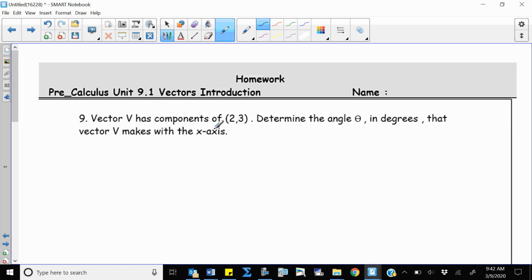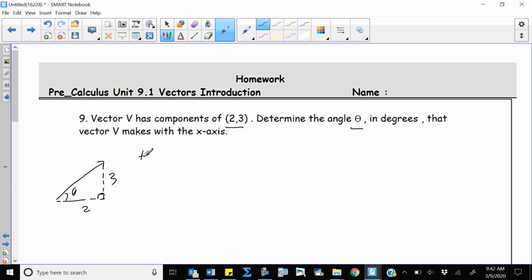And here we already have the components in i and j form, x and y component. We want to find theta and the magnitude of the vector. So we know that if we have a vector like this, we need to go 2 to the right and 3 to the top to go to the terminal side. And in order to find the theta here, I'm going to use this triangle. But since we don't have a special right triangle here, I can just use the inverse function.